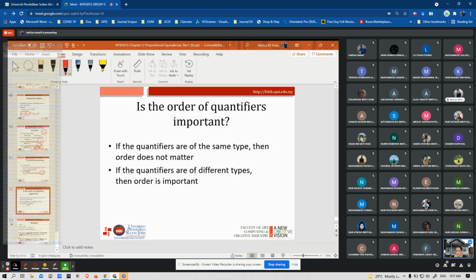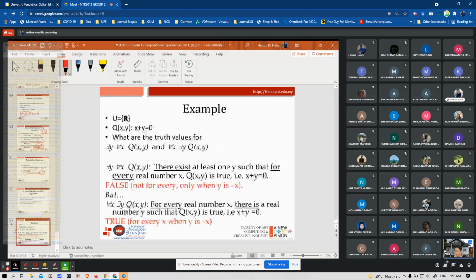Is the order of quantifiers important? If the quantifiers are of the same type, then the order doesn't matter. If the quantifiers are of different types, then the order is important. For example, the universe of discourse is a subset, and Q(x, y) is x plus y equivalent to 0.